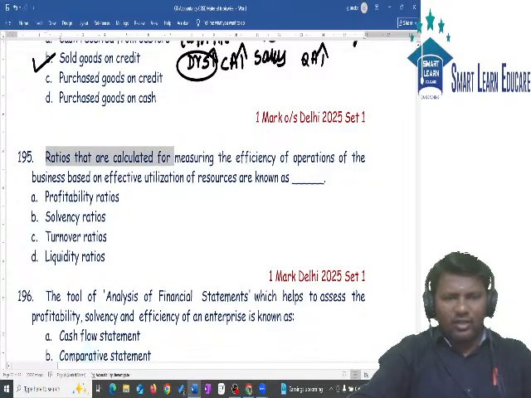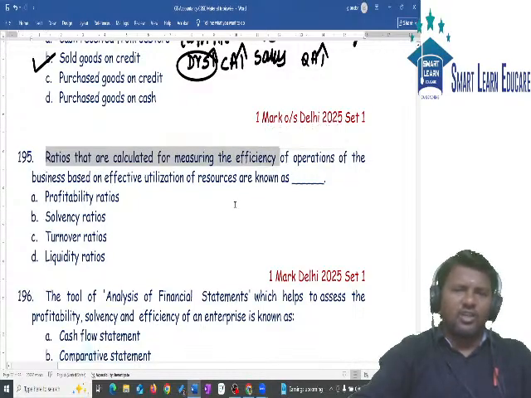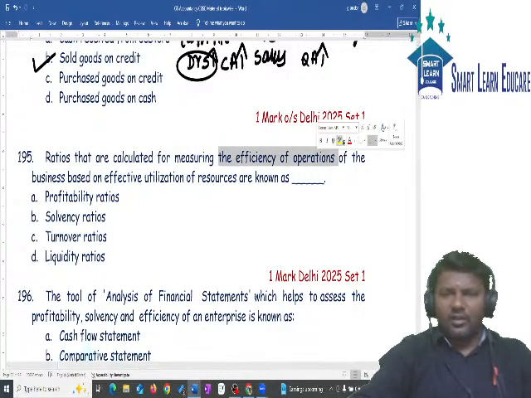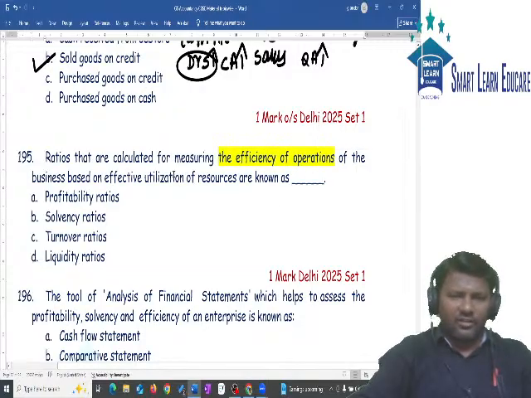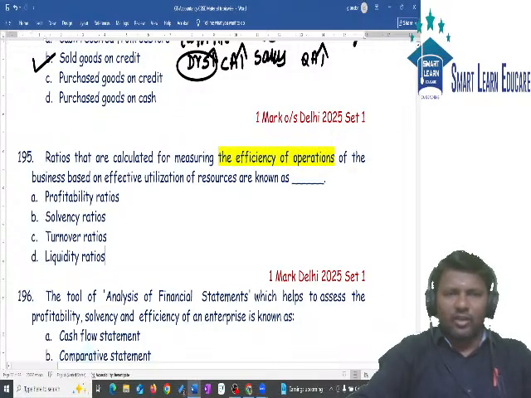Ratios that are calculated for measuring the efficiency of the operation of the business, based on effective utilization of resources.